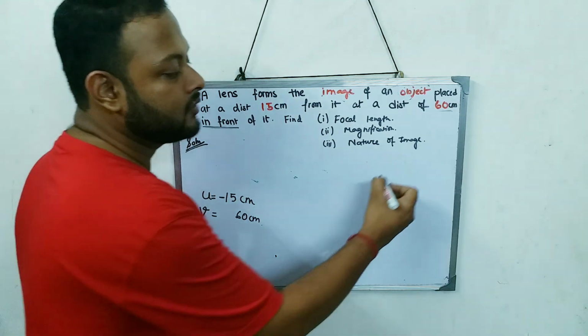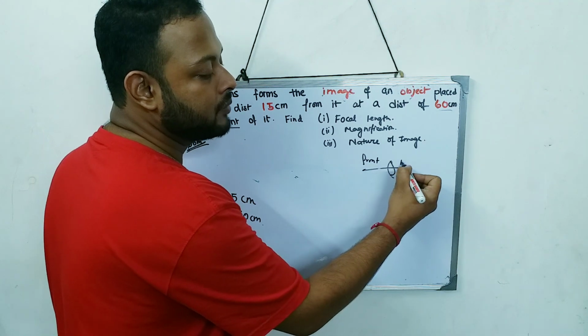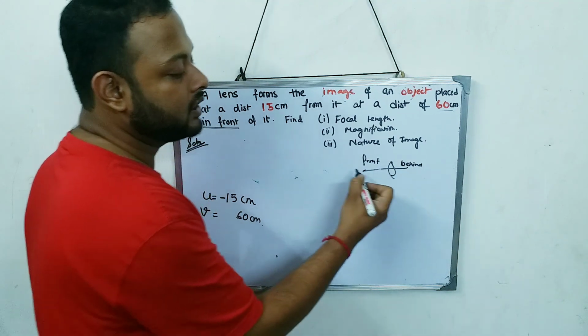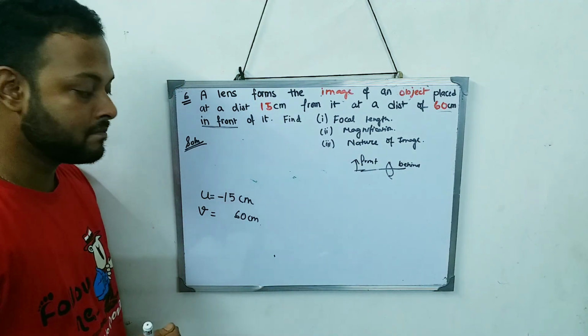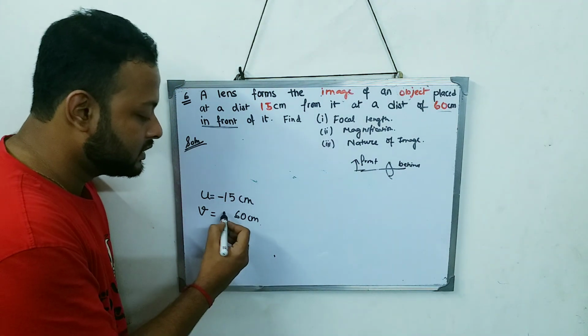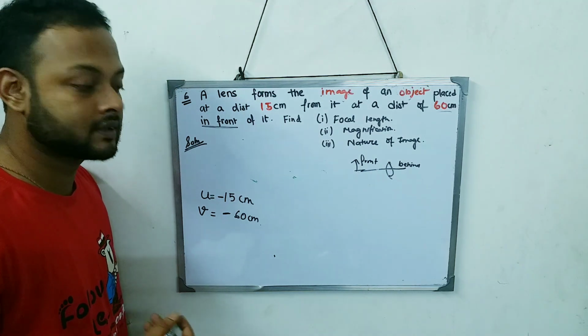Front of it means what? If this is the lens, this is called the front and this is called behind the lens. So the image is in front of the lens. So the image is over here, and this image distance 60 also has to be negative.